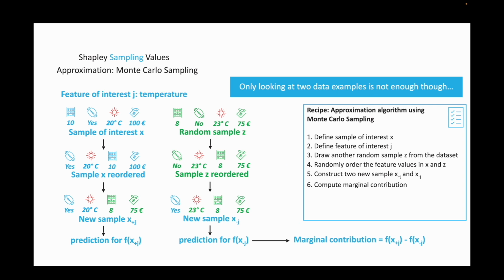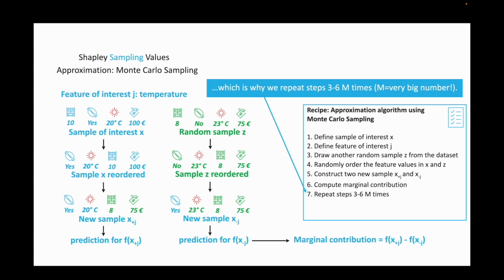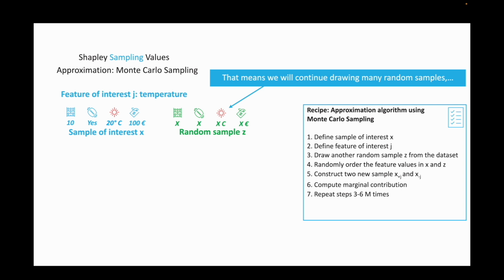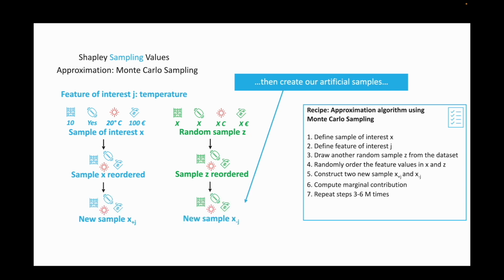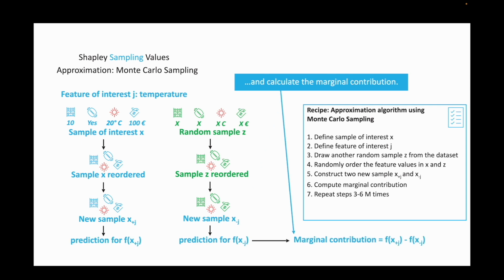Only looking at two data examples is not enough though, which is why we repeat steps 3 through 6 m times, where m is a very big number. That means we will continue drawing many random samples, reorder them randomly where the order can be different within iterations of m, then create our artificial samples, and calculate the marginal contribution.